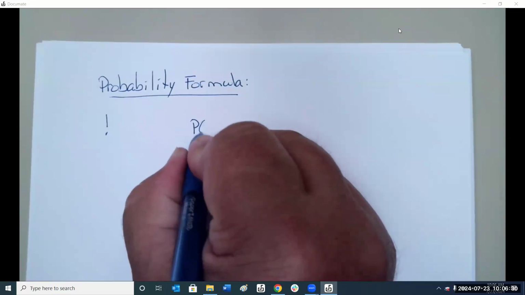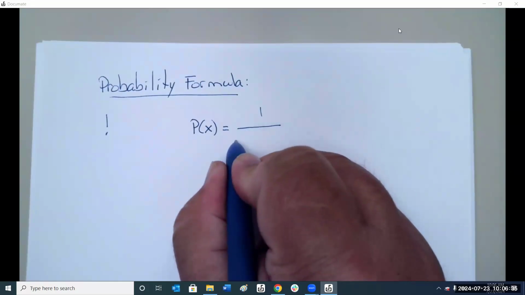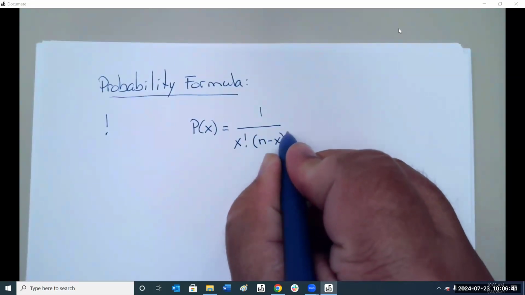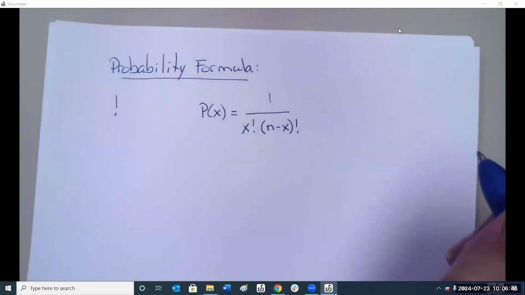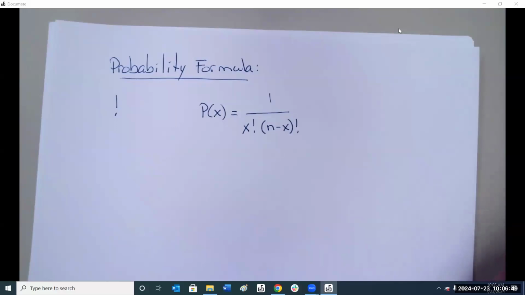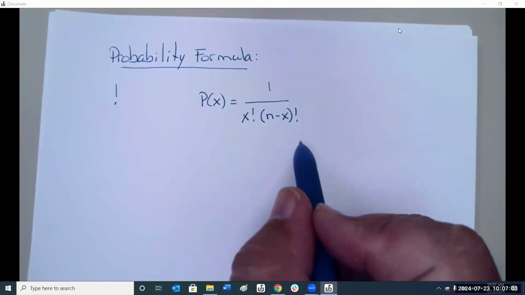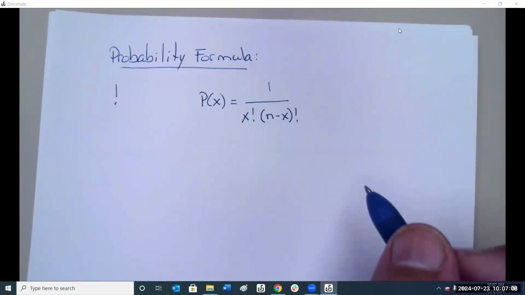So the probability formula could be denoted as 1 over x factorial, n minus x factorial. And again, I'll go through what these mean in a second.